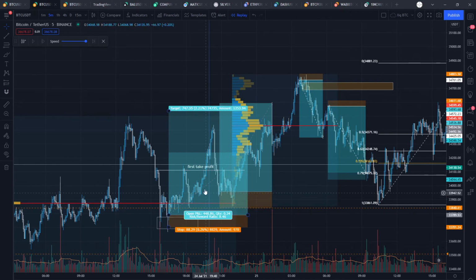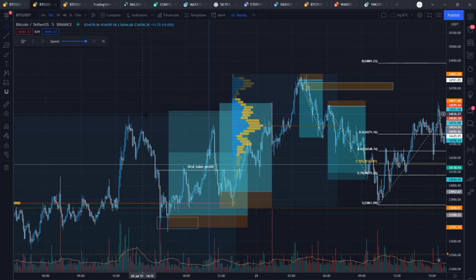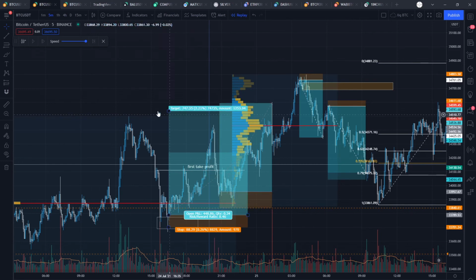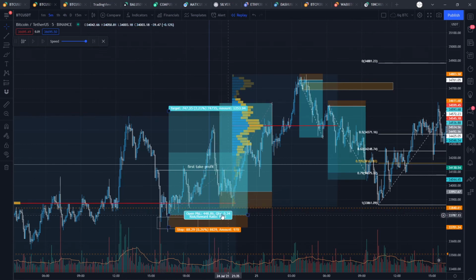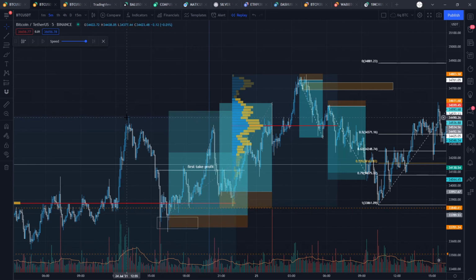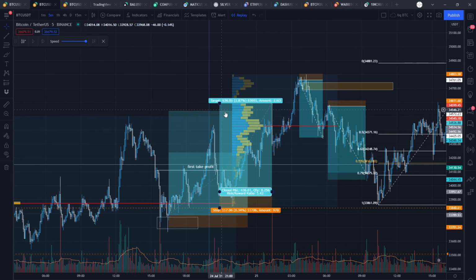And yeah, including my liquidity concept, I thought price was likely going to take out the highs of the previous day. So that was the last take profit, and eventually got hit.